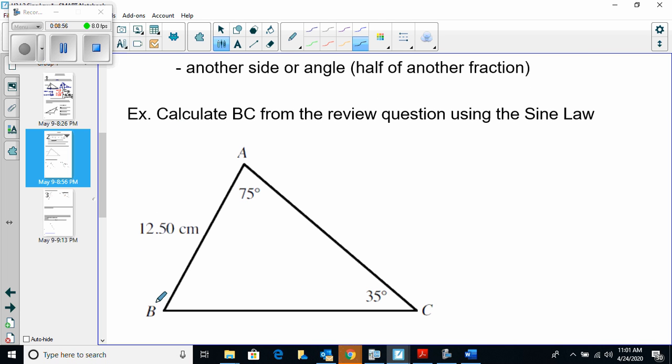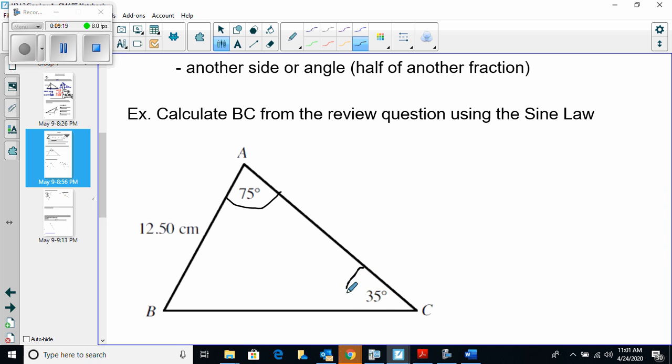So on the triangle ABC, which is the triangle that we started with on this lesson, angle A, which initially was divided into two, 25 and 50 degrees, is now given as 75 degrees.